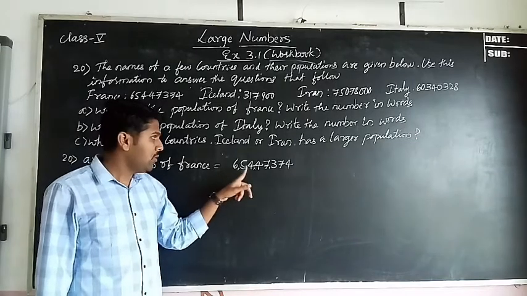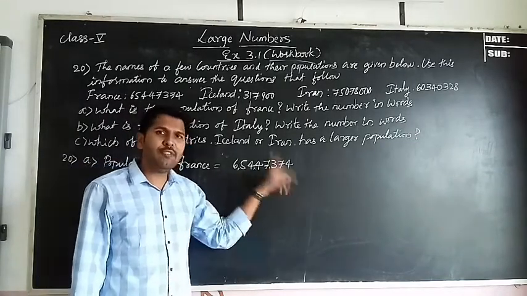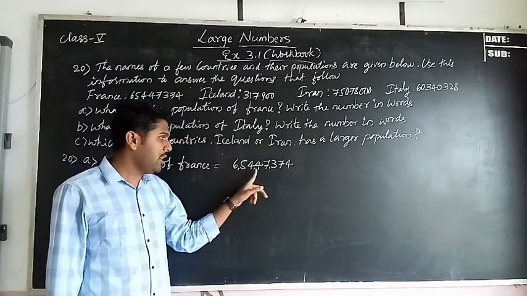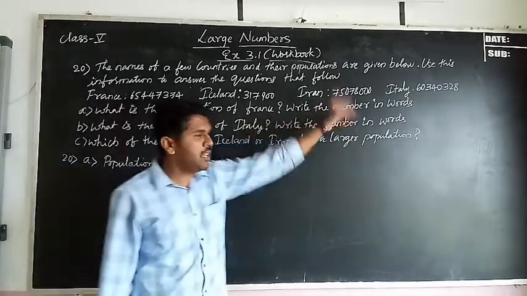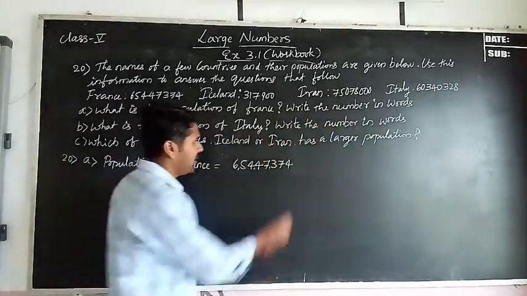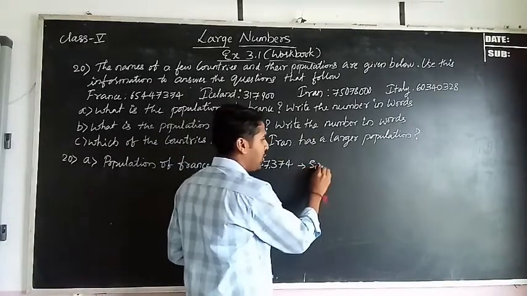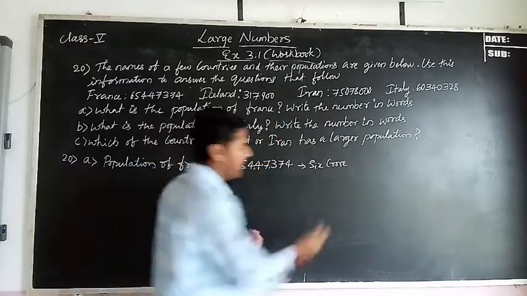So how to read this one? 6 crore 54 lakh 47,374. So what is the population? 6 crore 54 lakh 47,374. And write the number in words. Okay, write it. So how to write this one? 6 crore 54 lakh.